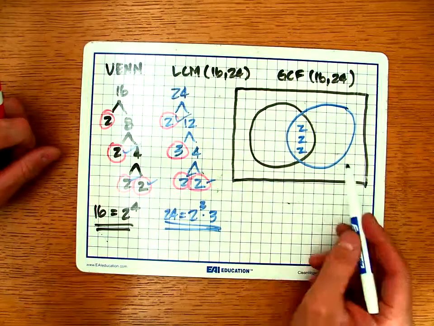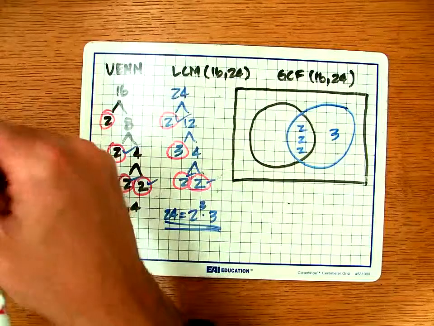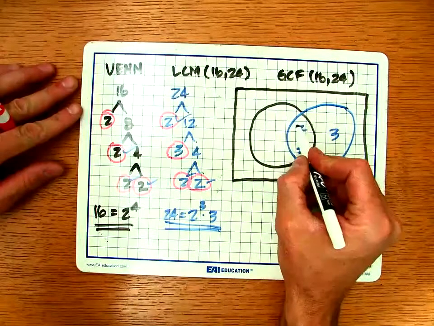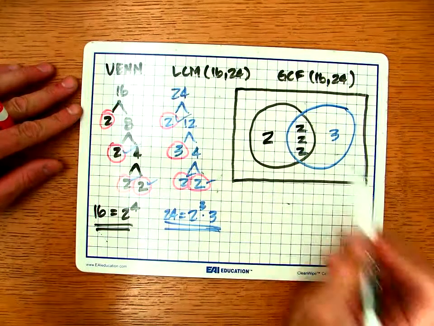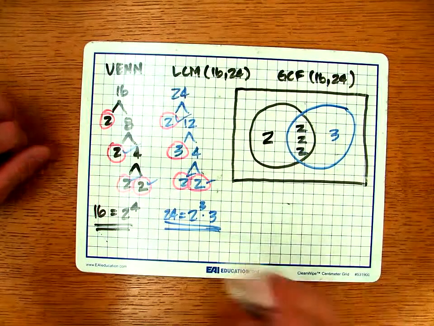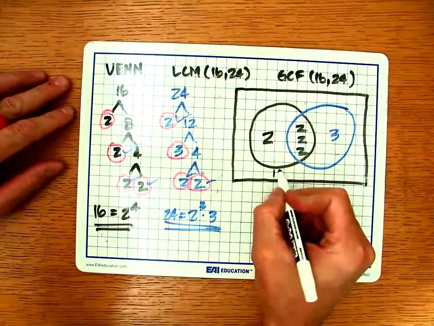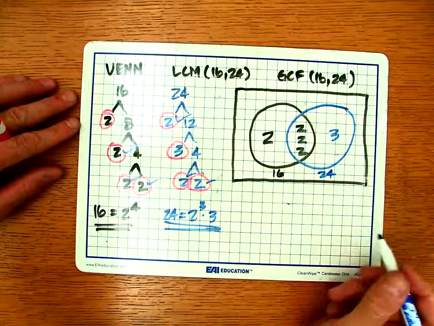And since those three 2's have been taken care of, in the 2 to the 3rd here, I'll put an extra factor of 2 there. And since these three 2's have been shared, I'll put an extra factor of 2 over here. Once again, the black number is 16, and the blue number is 24.